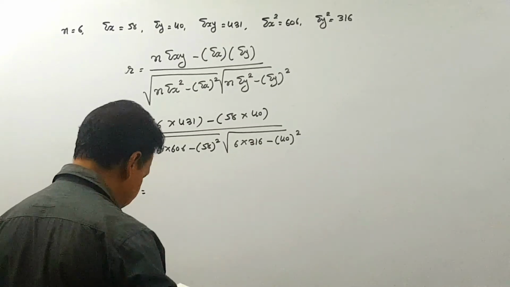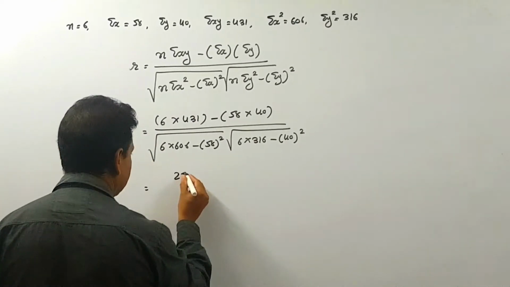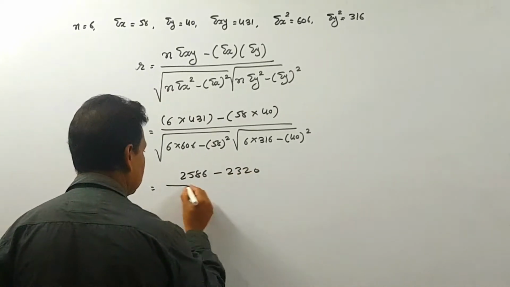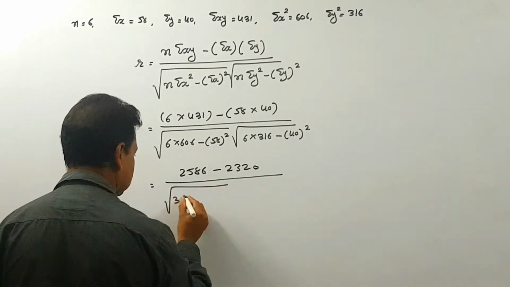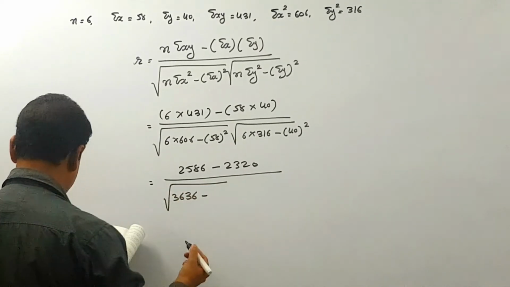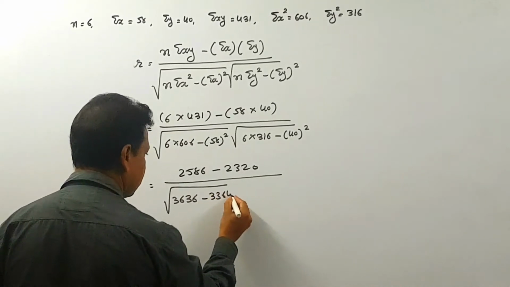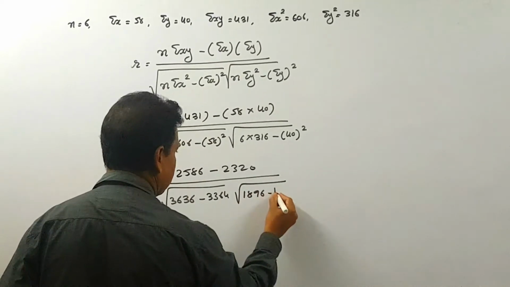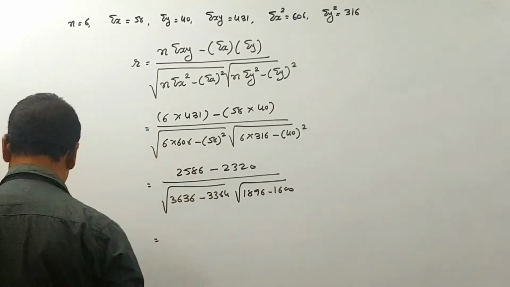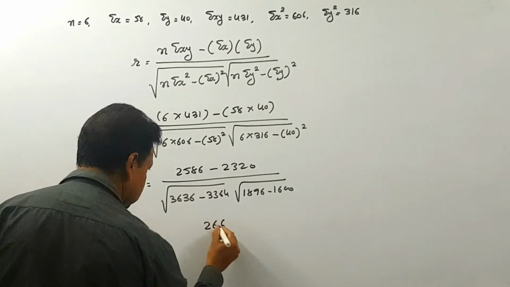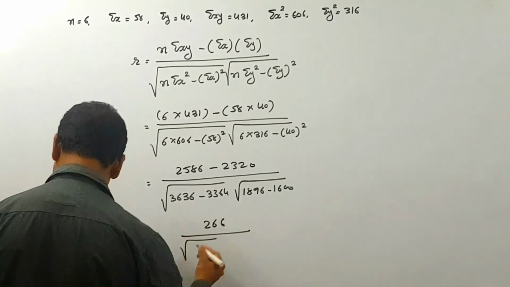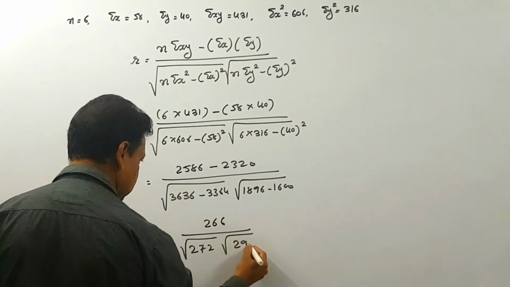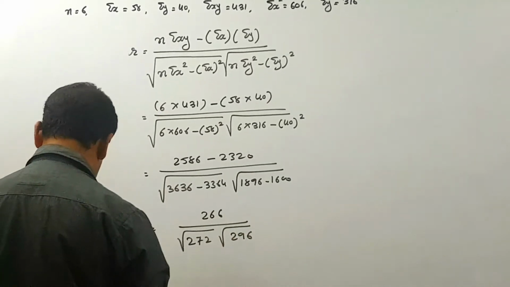In the textbook it is 2586 minus 2320 divided by root of 3636 minus the square of 58, that is 3364, into root of 316 into 6, that is 1896 minus 1600. Now the difference between the two amounts is 266 divided by root of 272 into root of 296. So at the end our answer is 0.94.